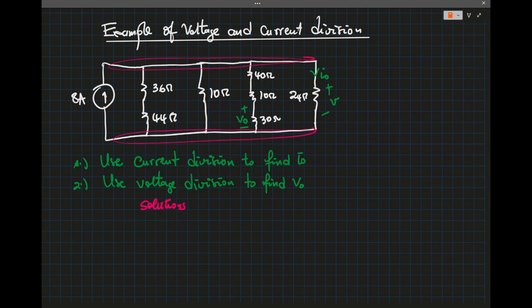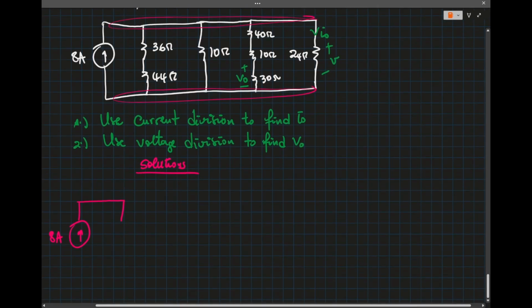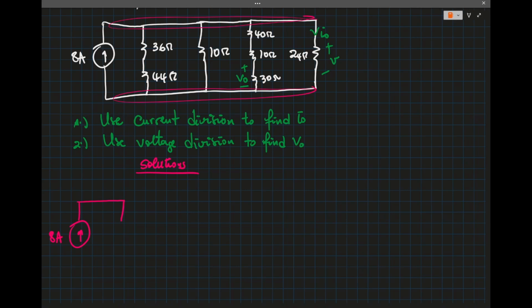Solutions. So we have the 8 amps source, and then the 36 and the 44 are in series. Okay, so then we can find the equivalent, which is the sum 36 plus 44, which is 80 ohms.